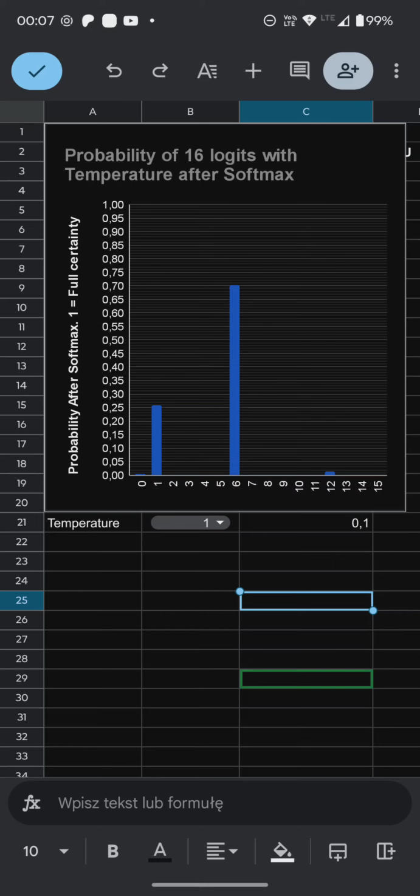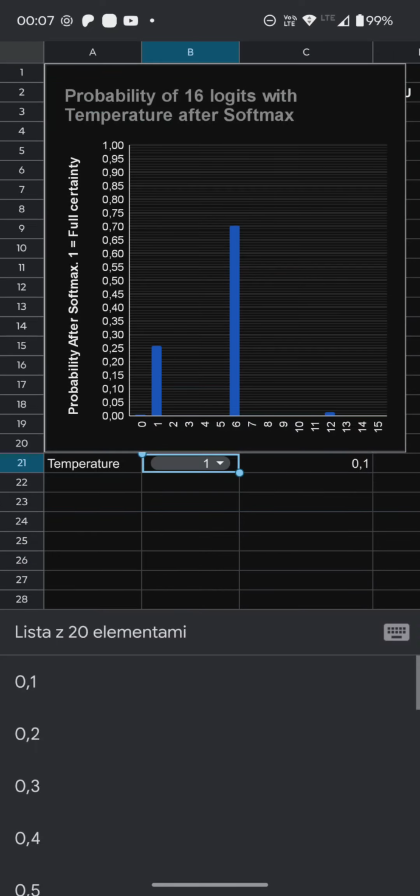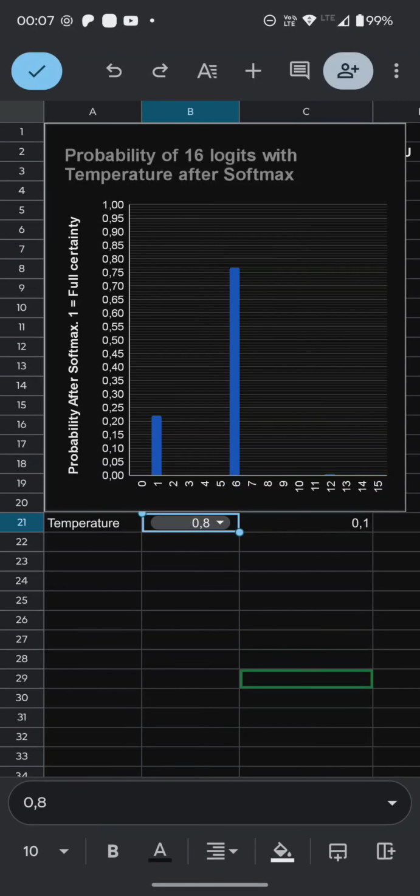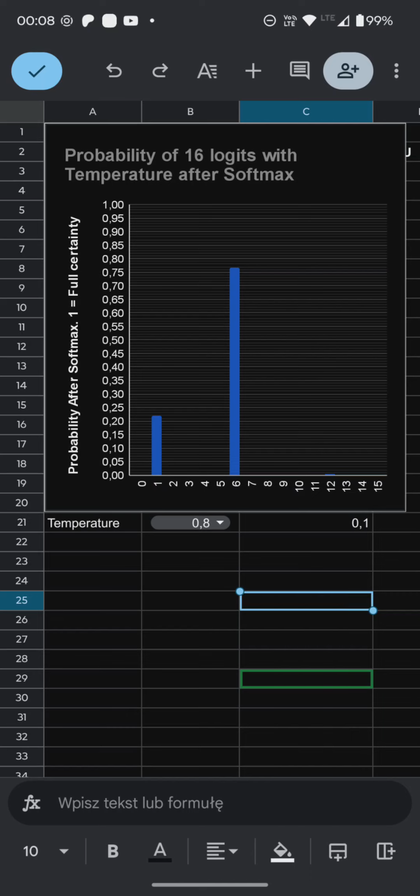Let's see what happens when we go to, for example, 0.8. Well, okay, we are now more certain. It's over 75% certain in its answer. The other one is lower, now at 22% approximately.